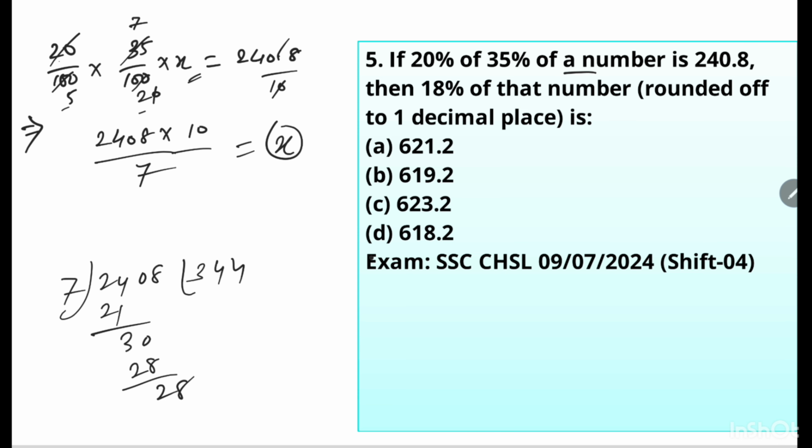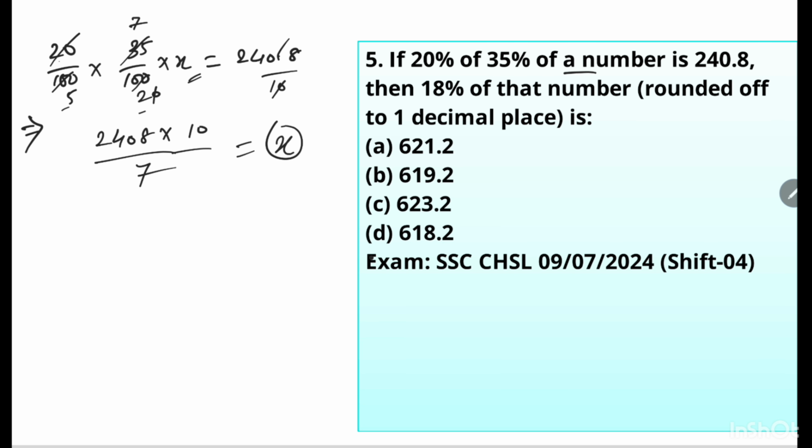The number we got is this: x is equal to 3440.